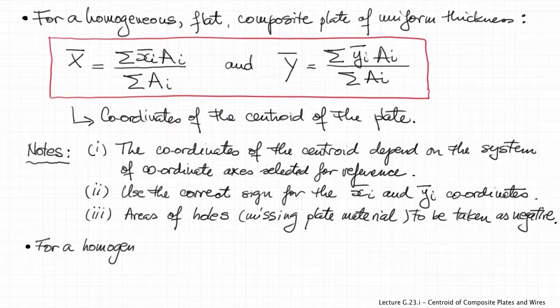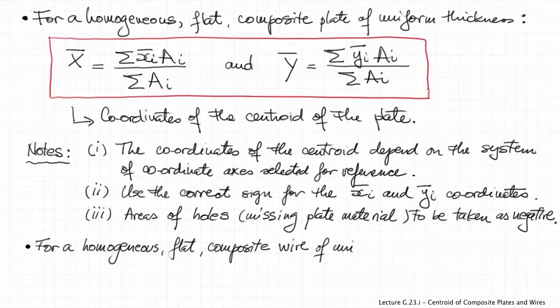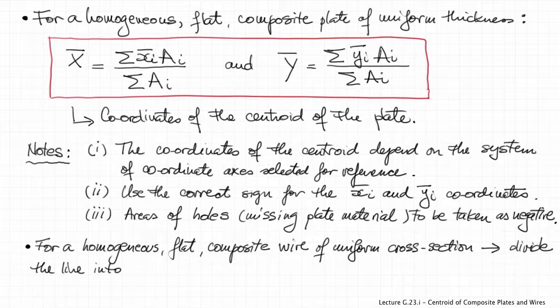Now secondly, if we talk about lines, for a homogeneous flat composite wire that has a uniform cross section, in the same fashion as before, we will have to divide the line into simpler elements, same as we've done with the area. So we can divide the line into maybe straight lines or arcs of a circle and so forth.